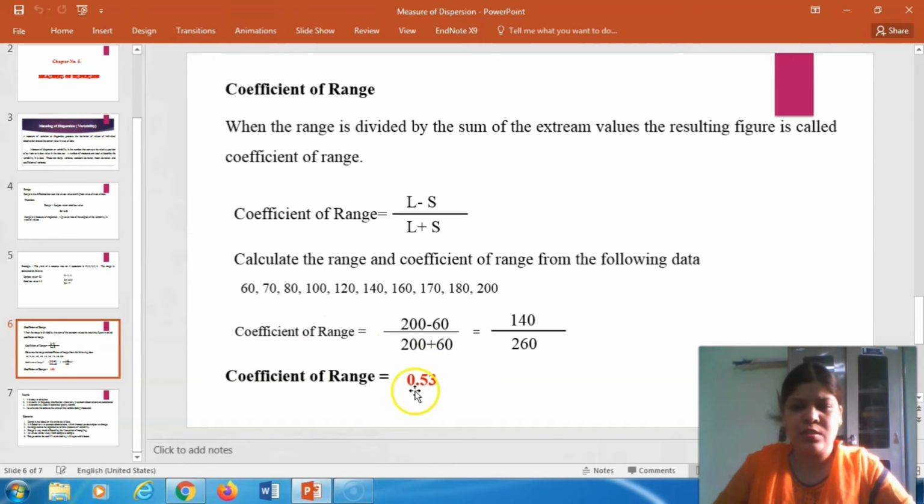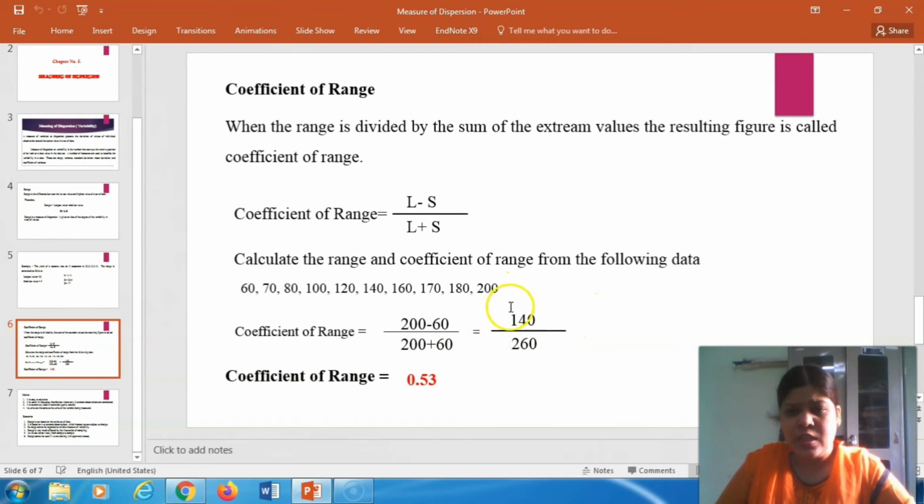As we know how to calculate the range, you can observe here that 260 is the sum of the extreme values of the set of data, 100 is the largest value and 60 is the smallest value.